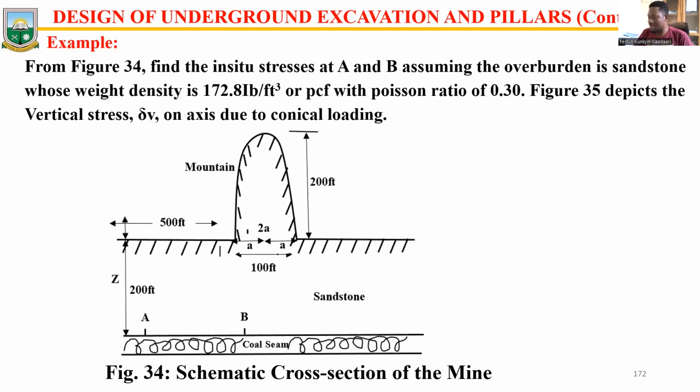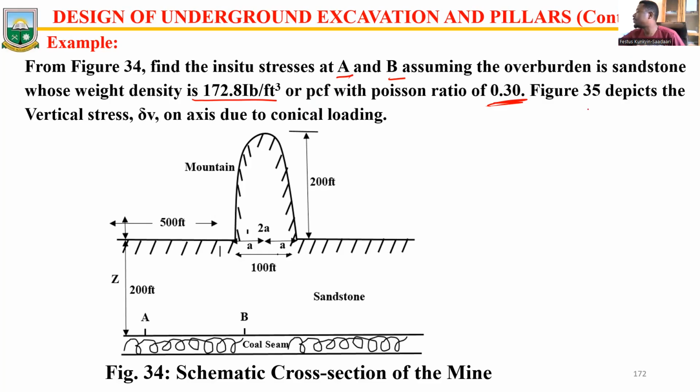So let's solve this question. It says: find the in situ stresses at A and B, assuming the overburden is sandstone whose weight density is this many pounds per cubic foot, or PCF, with a Poisson ratio of 0.3.